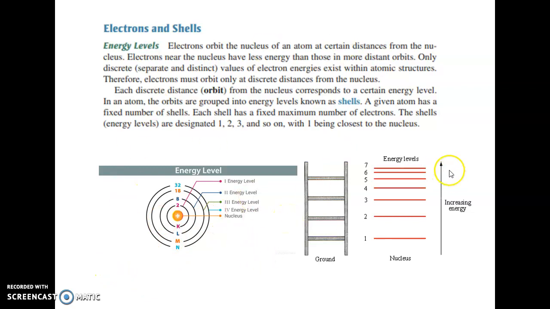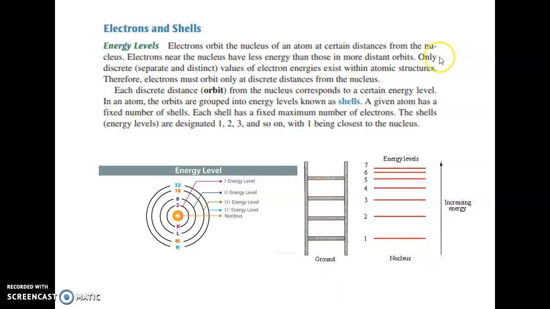And this is the flat band diagram. That is, 1 corresponds to the first energy level, 2 corresponds to the second energy level, 3 corresponds to the third energy level, and it will go on. And you can see all the energy levels are quantized. Quantization, in the sense, we have only allowed energy levels.